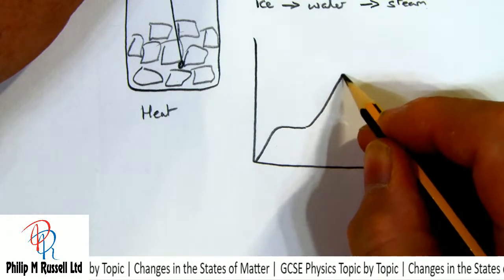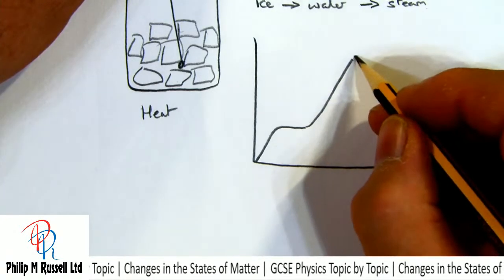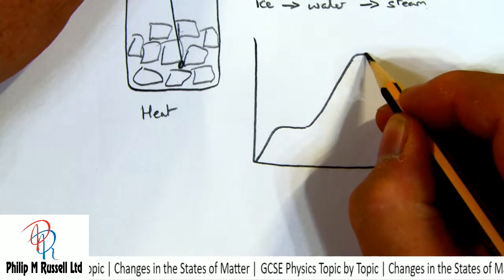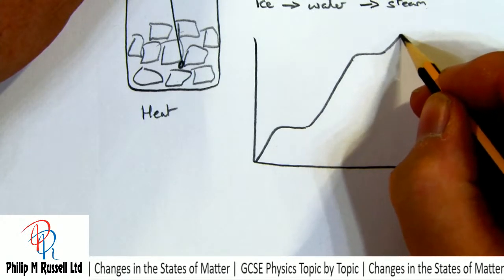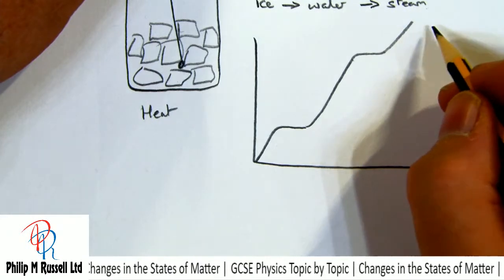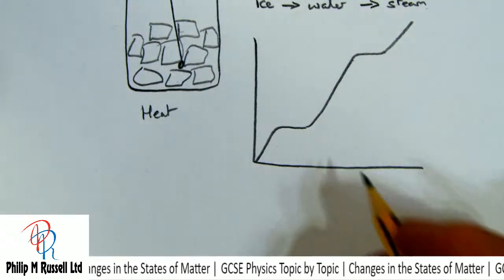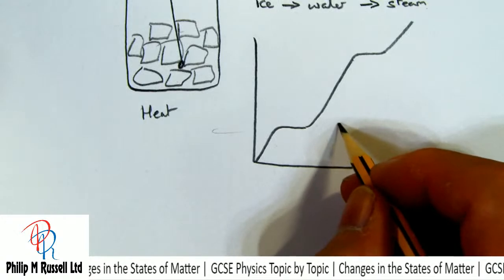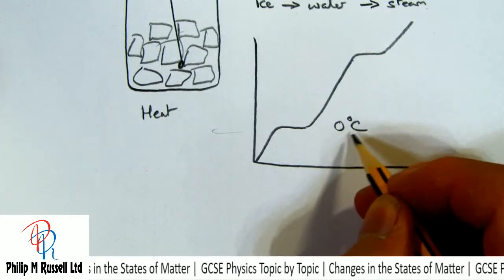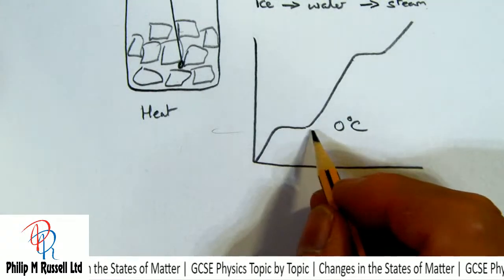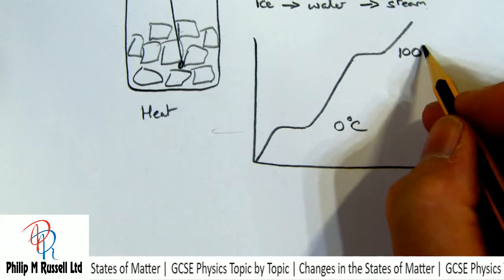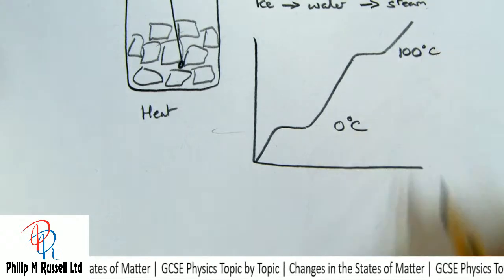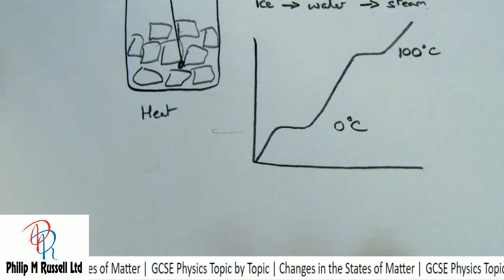We then heat it up until it reaches its boiling point, and it stays there, and then we could heat that steam and it gets even hotter. And we find for water, pure water, this works at a melting point of 0 centigrade, 0 Celsius I suppose, and 100 Celsius.